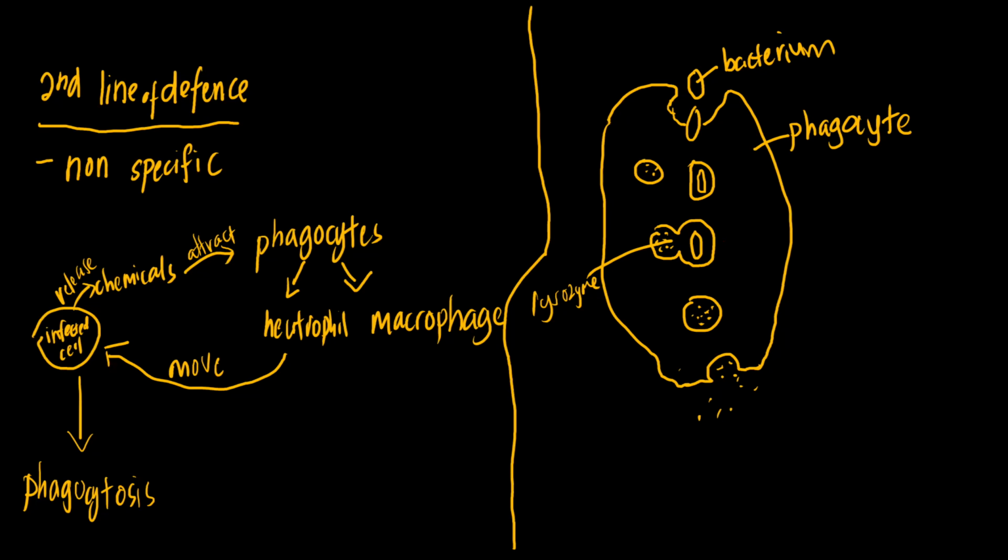And then this whole thing here we call the phagolysosome. It's a combination of the phagocyte cell and the lysozyme. And this is your digested product.